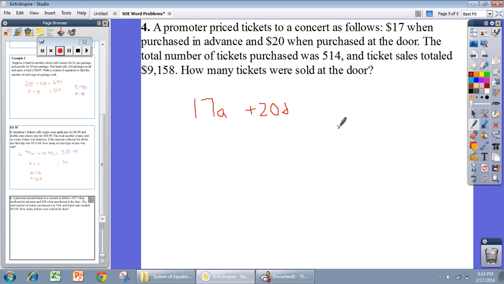And your big bucks, 9,158. All right. So your next equation, pretty straightforward. What kind of tickets did we sell? Advanced and door, and how many of them? 514. So my next equation is going to be advanced plus door equals 514.